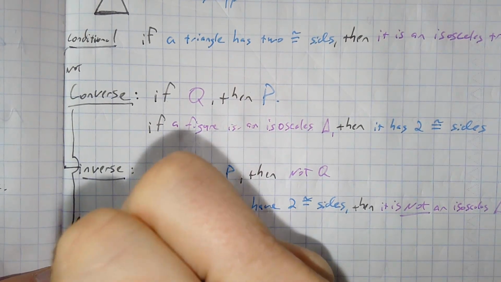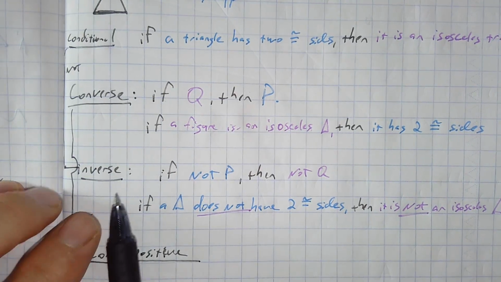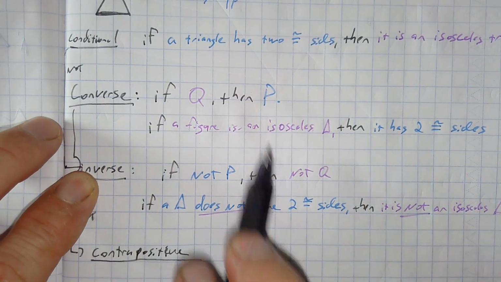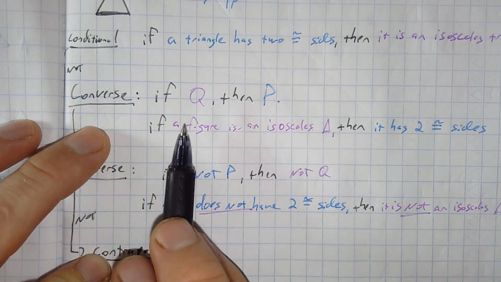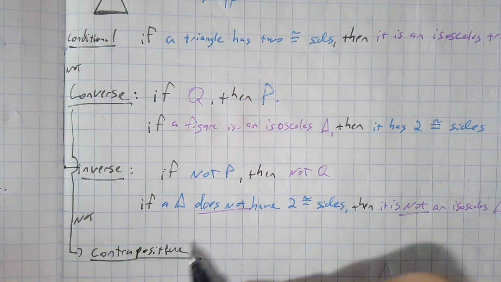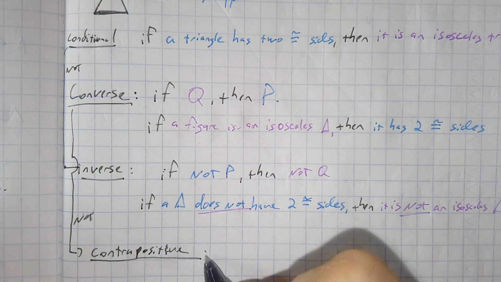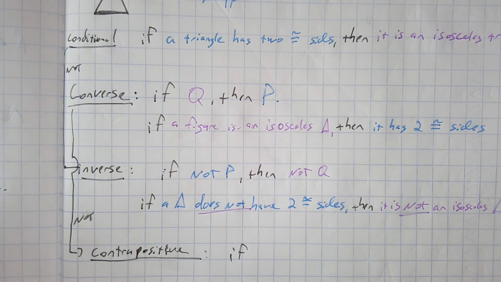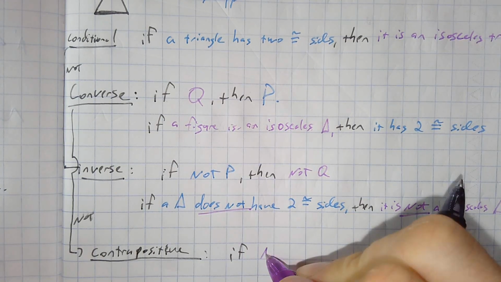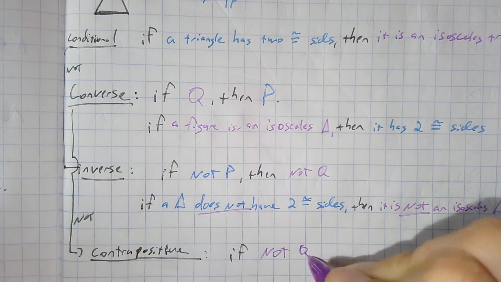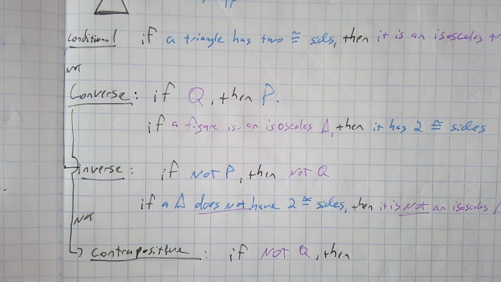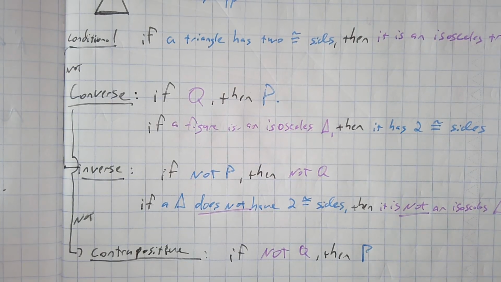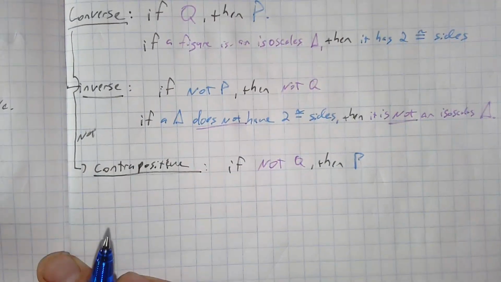So the inverse is just nots of the P and the Q, and the contrapositive are nots of the Q and the P. So if not Q, then P. So that gets changed around.